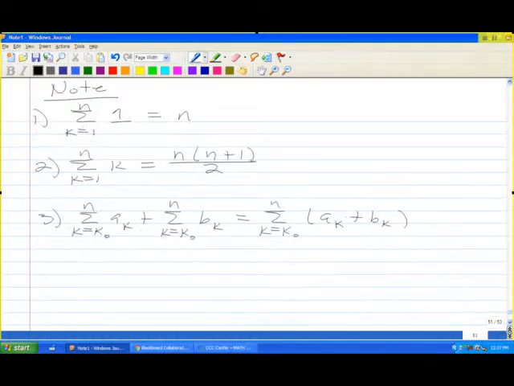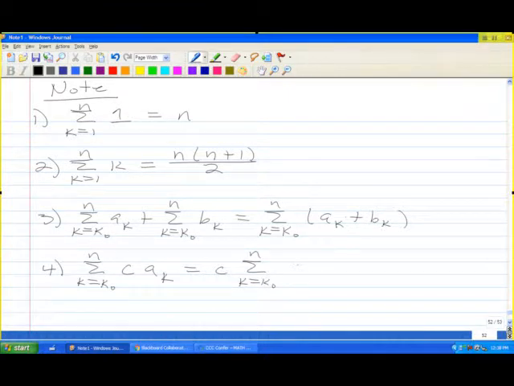Next, the sum k equaling k0 to n of c times a sub k is equal to c times the sum k equaling k sub 0 to n of a sub k.